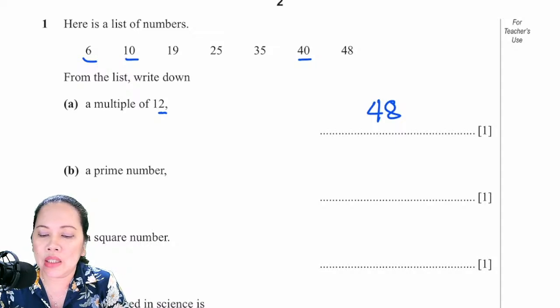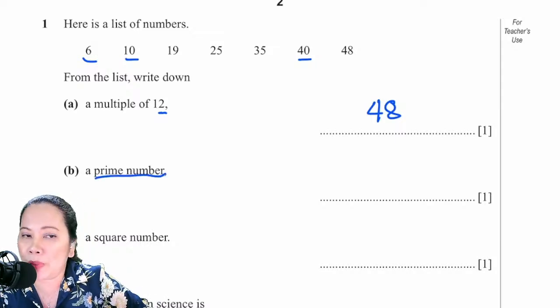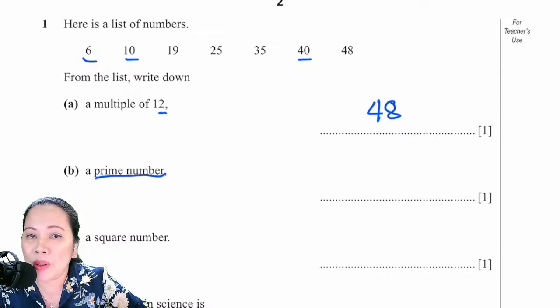All right, next one, you have a prime number. A prime number is a number that is divisible only by itself and 1. Looking at this, 6 is divisible by 2 and 3. 10 is divisible by 5 and 2.